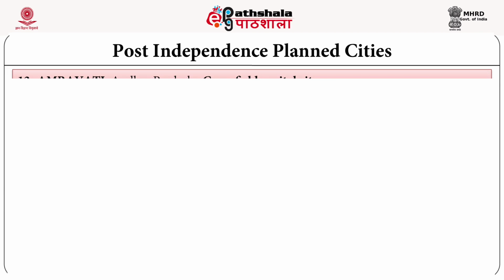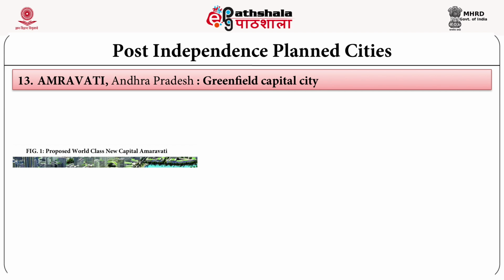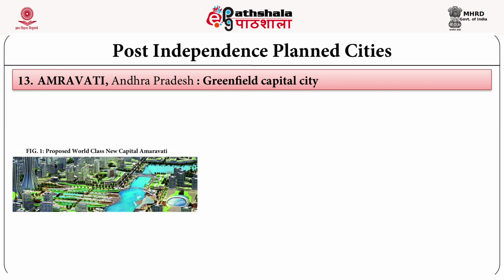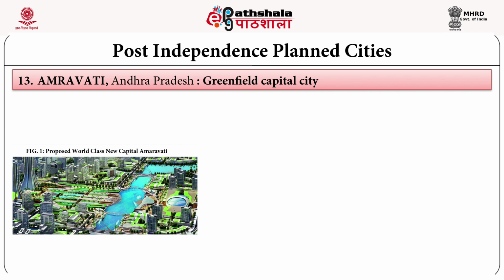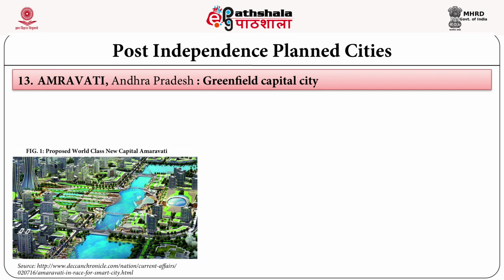Next we come to the recent or the latest city to be built, that is Amravati in Andhra Pradesh, after the bifurcation of the state, and it is being built as a greenfield city. It is actually a capital city, so it's a planned capital city.